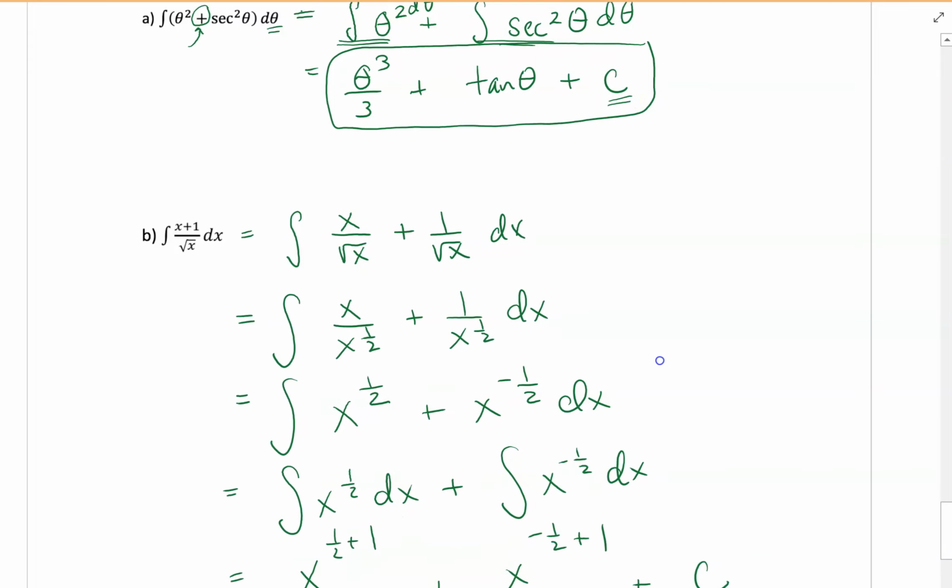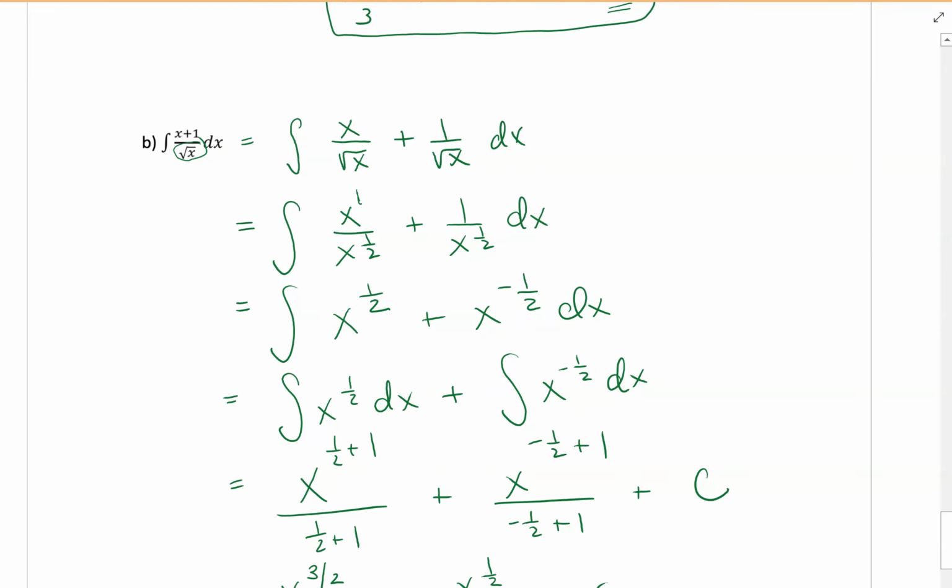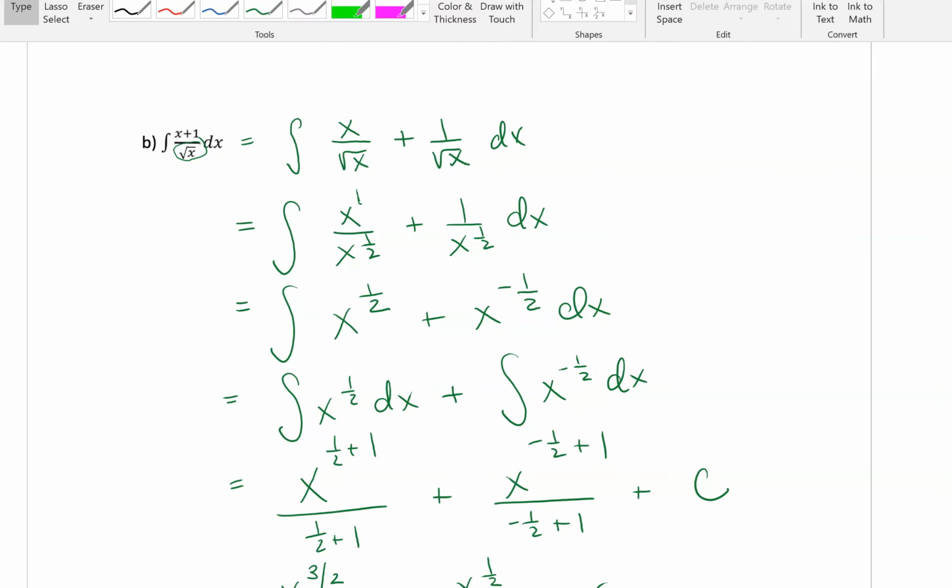For the second one, we would want to first split our numerator up over our common denominator. So we have x over rad x plus 1 over rad x. At that point, it kind of helps to remember that rad x is just a power of 1/2. So I have x to the first divided by x to the 1/2 plus 1 over x to the 1/2. And then when you're dividing same bases, you can subtract their powers.